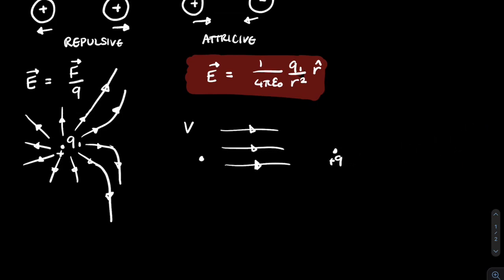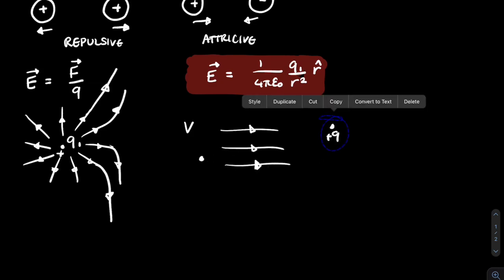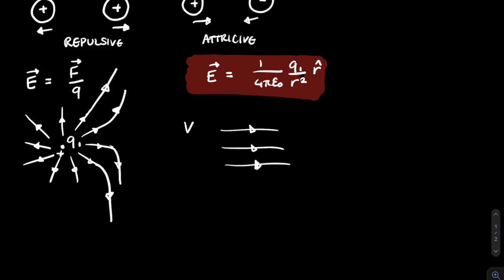We're going to have to fight against the electric field that's stopping it from doing it. And to do that, we have to put in some work. And the electric potential is basically that work. It's the work done, so delta W, divided by the charge of the object that you're trying to move. So that is our formal definition for the electric potential.